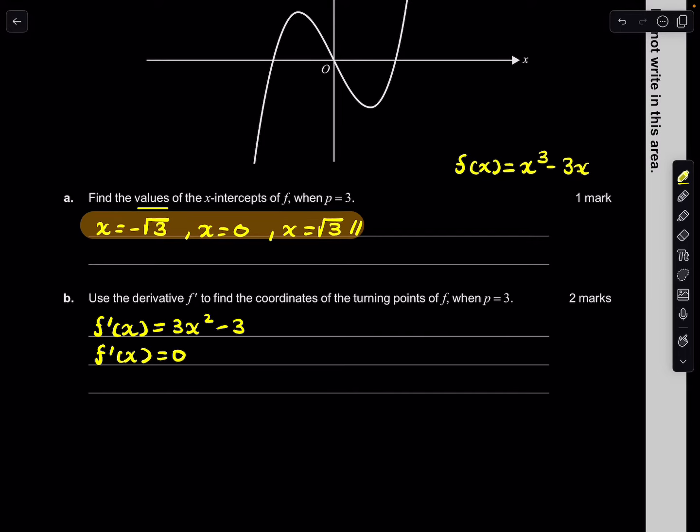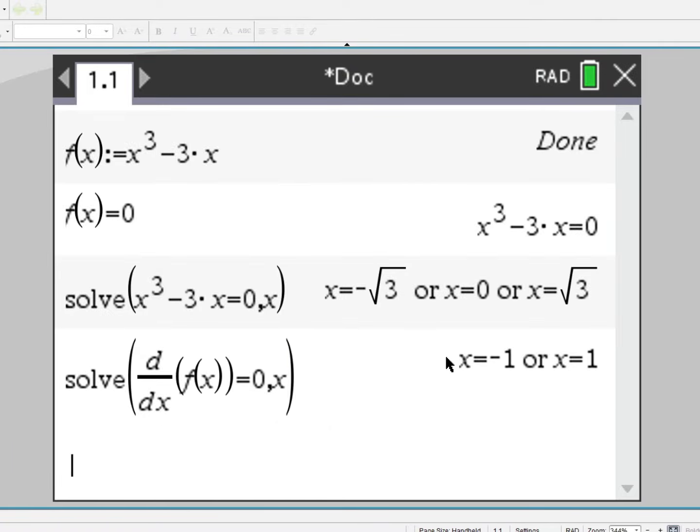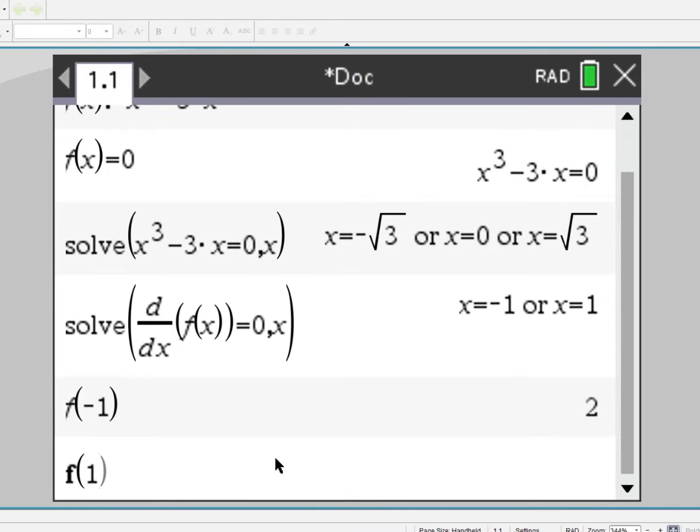Let's do that in our CAS right now. We want to solve where we differentiate f of x, which is what we have, and let it equal 0, comma, x. These are the values where our stationary points, or our turning points, are. But remember, we want to find the coordinates, so we also want to find their y values. So f of negative 1 is this, and f of 1 is this.